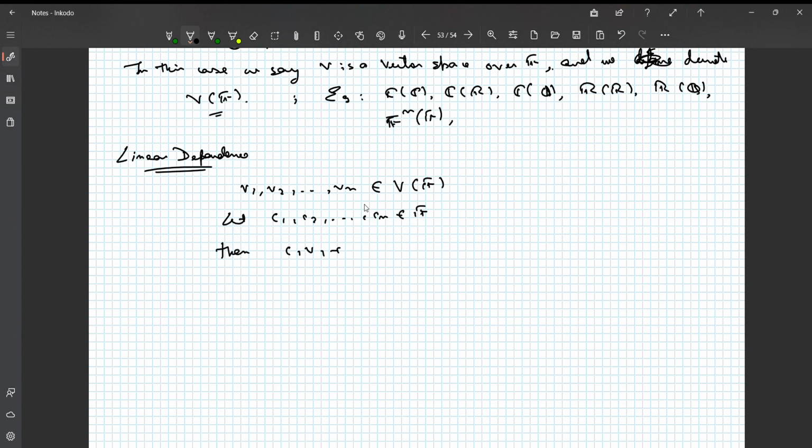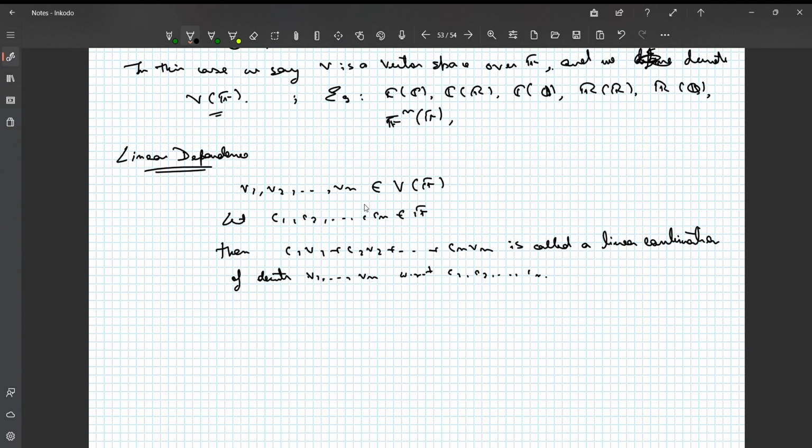Then c1v1 plus c2v2 and so on till cnvn, this structure is called a linear combination of elements v1, v2 till vn with respect to the scalars c1, c2 till cn. Clear?